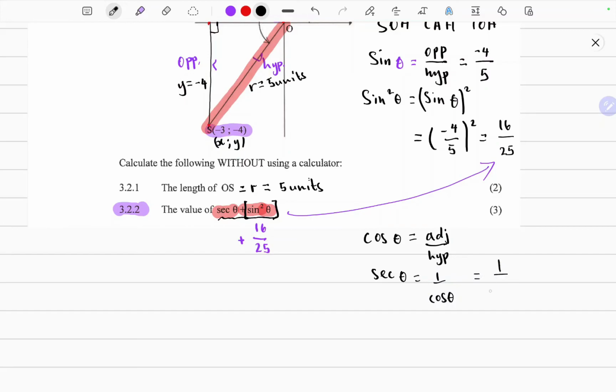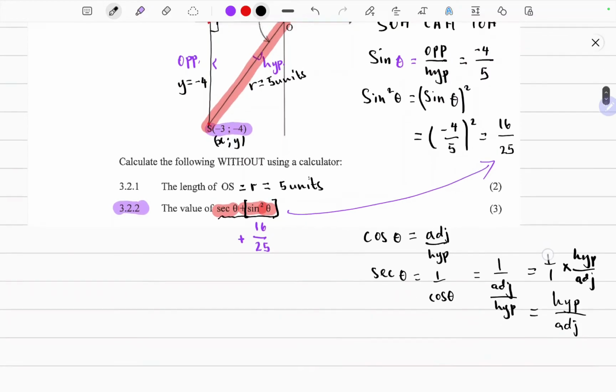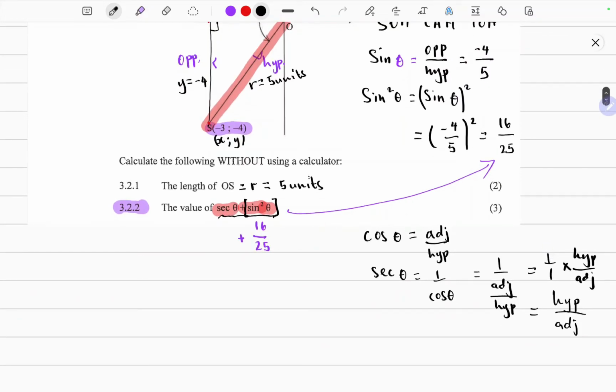So this is 1 over the adjacent side divided by the hypotenuse, equal to 1 times hypotenuse over the adjacent side, and this should be given as the hypotenuse over the adjacent side. So essentially sec theta is the hypotenuse over the adjacent side.